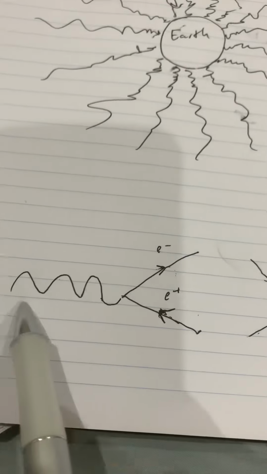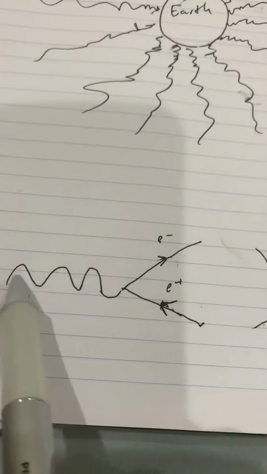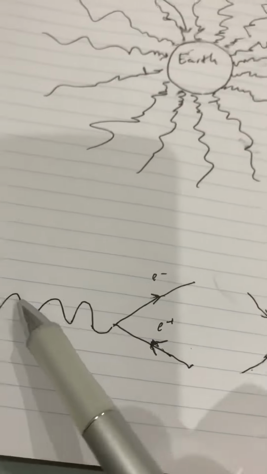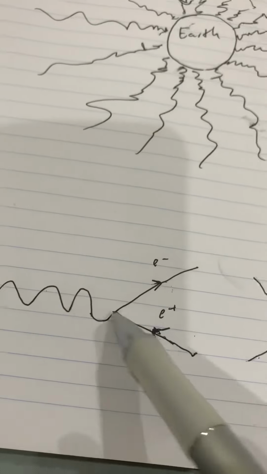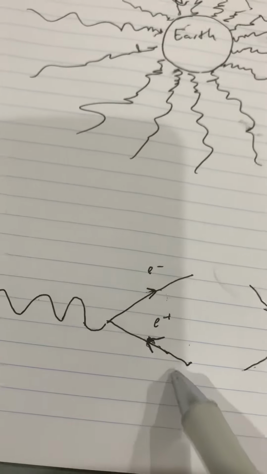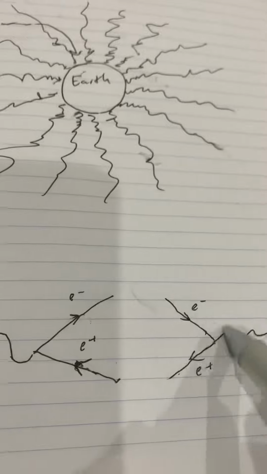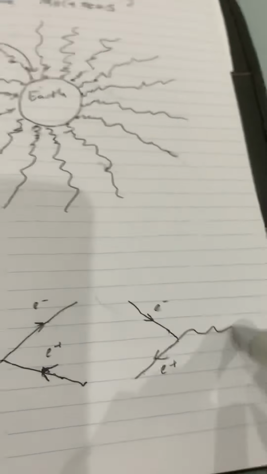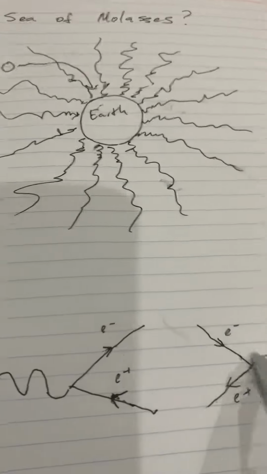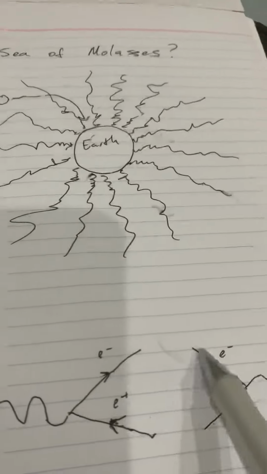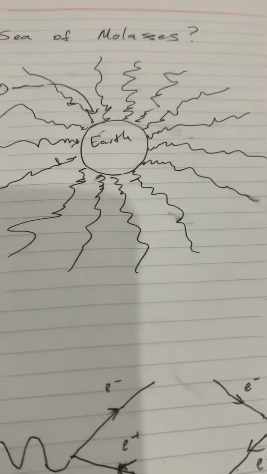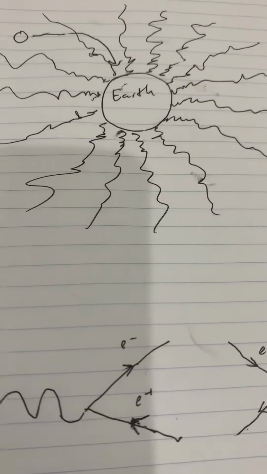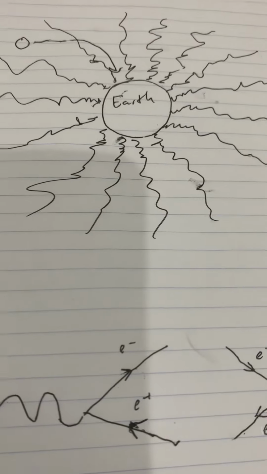So we do know that as light travels, it spontaneously goes from photon to electron-positron pair, and then from electron-positron pair to photon. So creation, annihilation, photon, creation, annihilation, photon. And how often does light do this? Well, all the time.